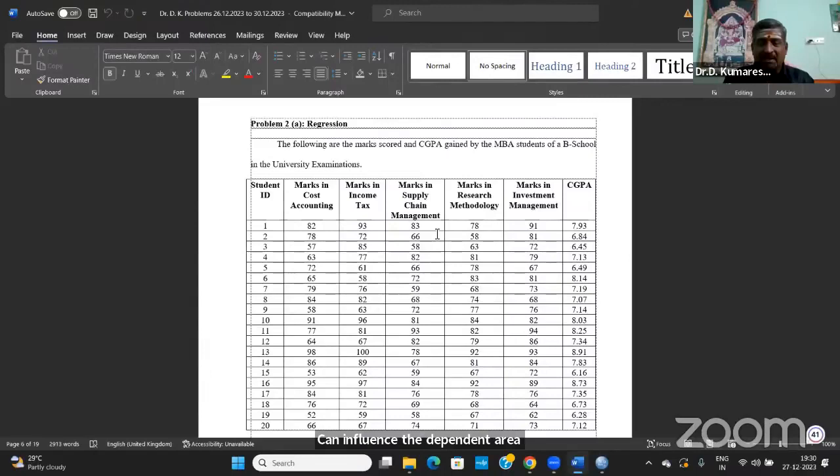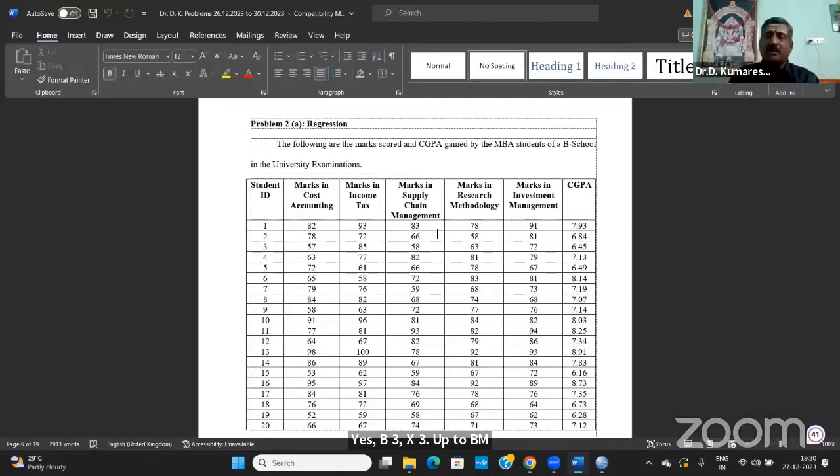So what is the regression equation of y on x in the case of multiple regression? Y equal to a plus b1x1 plus b2x2 plus b3x3 up to bnxn.